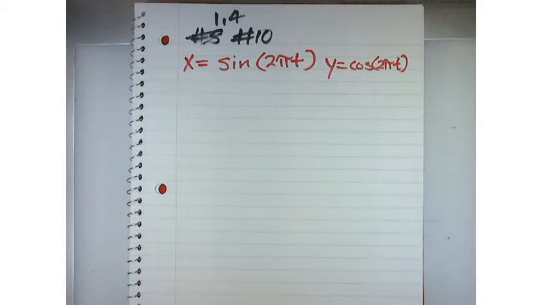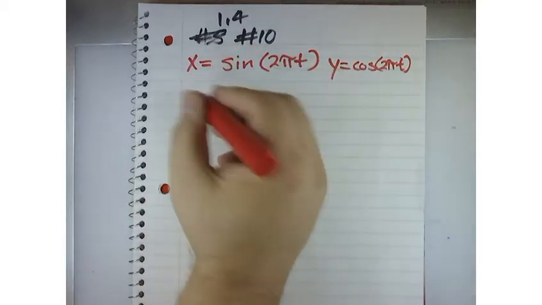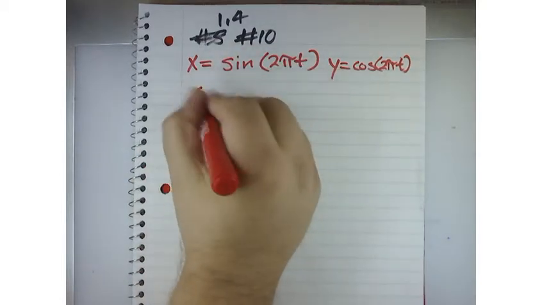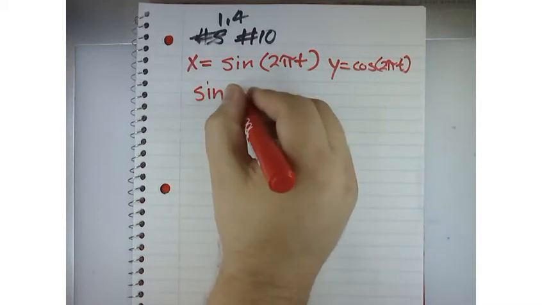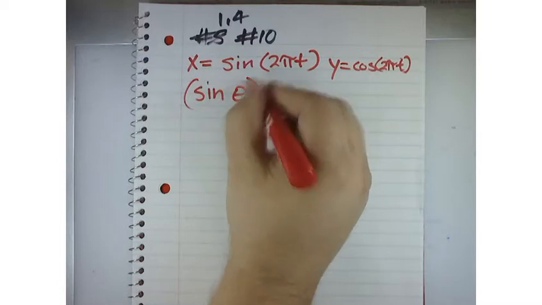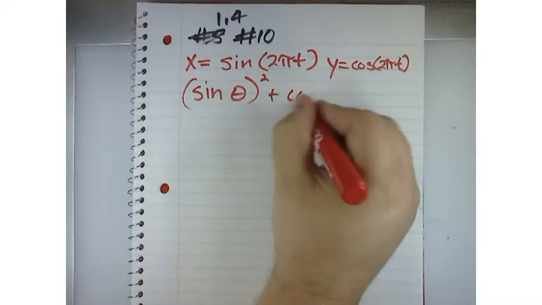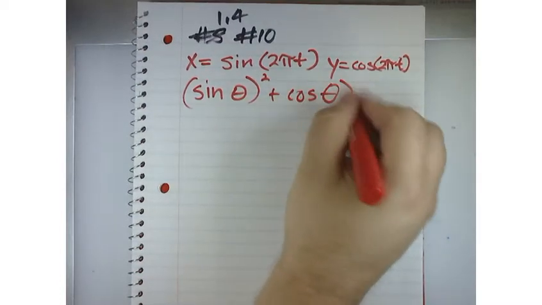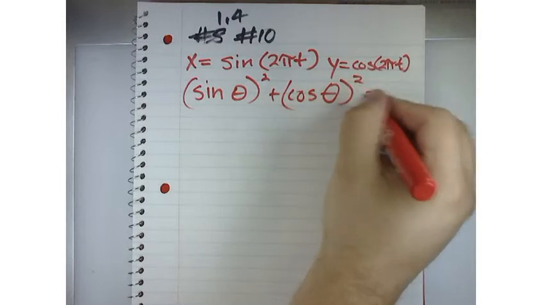Cartesian equation is. So since we have sine and cosine, the most common thing is that whenever you see sine and cosine, you should think of a trig identity. Usually we're going to use this trig identity, sine of theta, plus cosine of theta, squared is equal to 1.